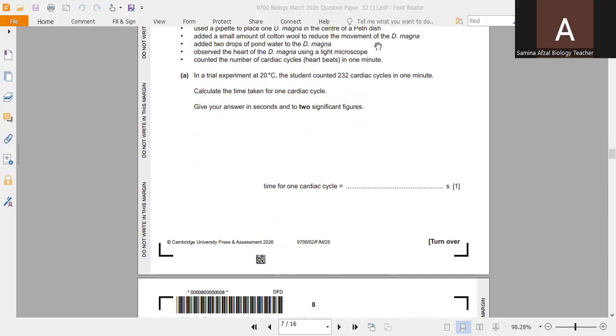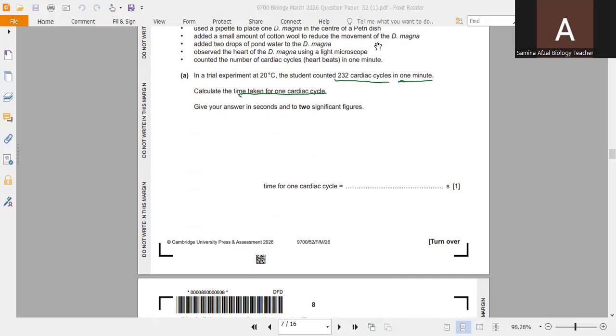So here we know that the student counted 232 cardiac cycles in 1 minute. So we have to find out the time for one cardiac cycle.